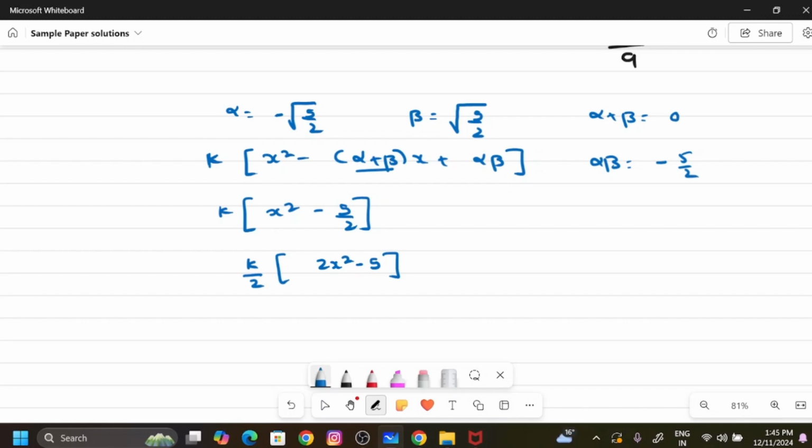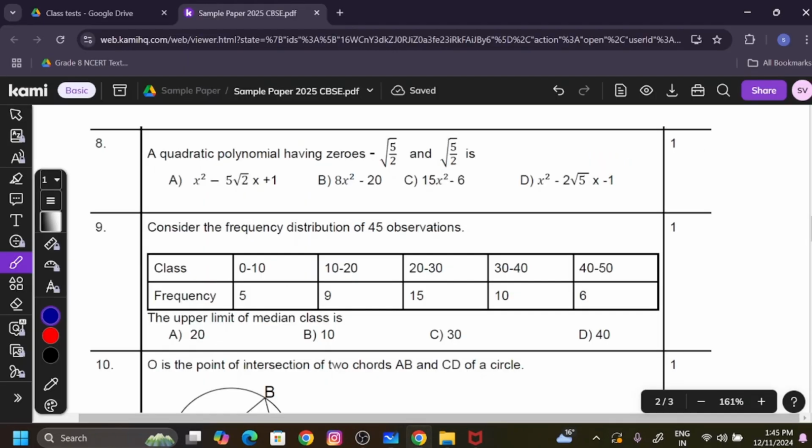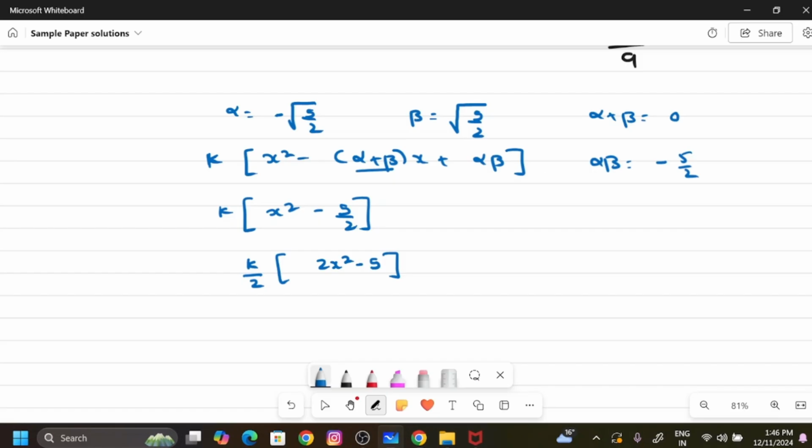Okay, now see whether it is matching with any of these options. Here the x coefficient is not there, so we can eliminate options A and D and look at options B and C: 8x square minus 20 and 15x square minus 6. Can we write 8x square minus 20 as some constant times 2x square minus 5?